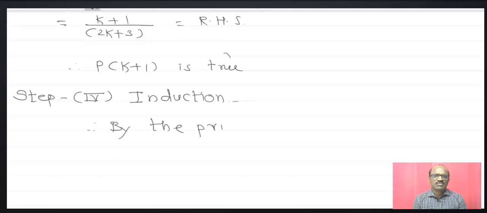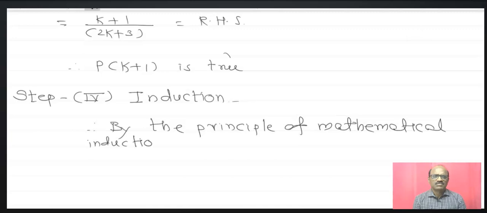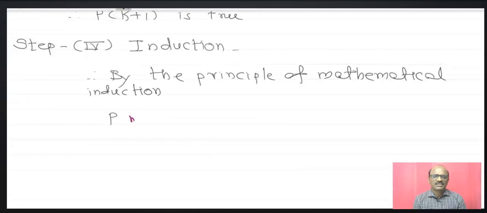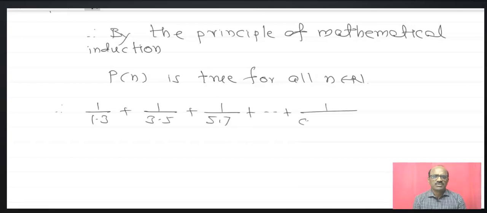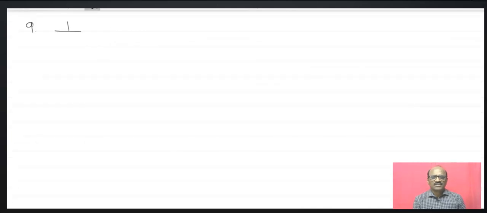That is, by the principle of mathematical induction, P of n is true for all n belonging to the capital N. 1 upon 1.3 plus 1 upon 3.5 plus 1 upon 5.7 plus dash dash plus 1 upon 2n minus 1 into 2n plus 1 is equal to n upon 2n plus 1. Now the next is example number 9.